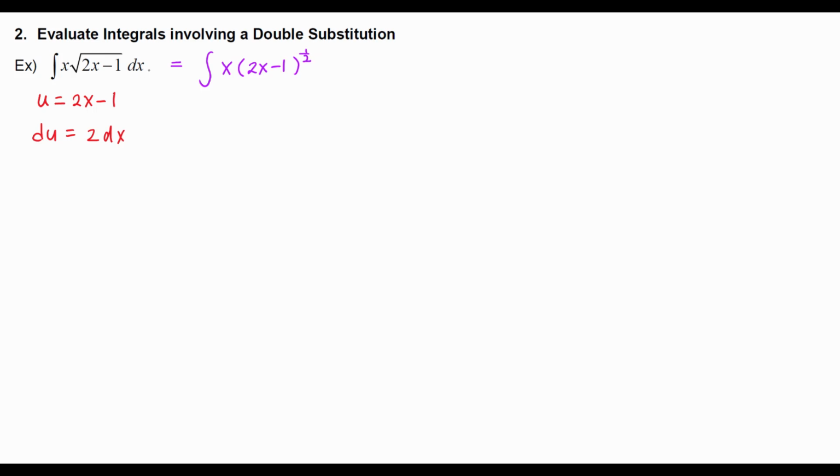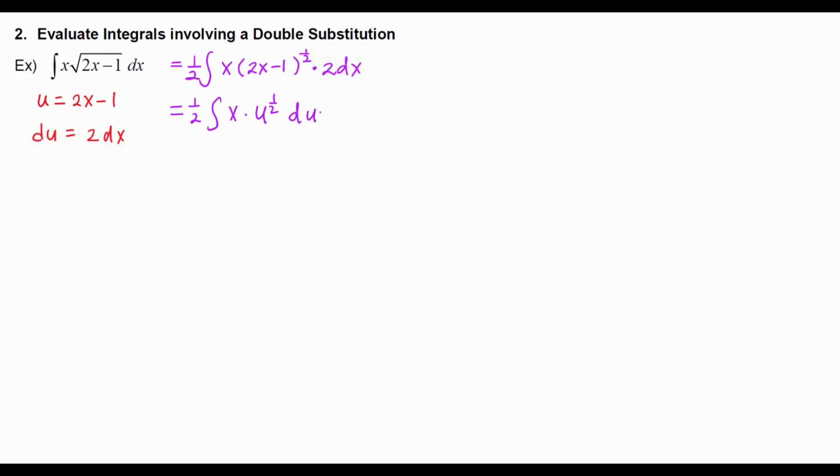And I only have a dx, but I do need a 2 dx. So I'm going to go ahead and multiply by 2 and then divide by 2 in the front. So when I substitute, I'm going to get 1/2 times x. 2x minus 1 was my u to the 1/2 power, and 2 dx was my du.